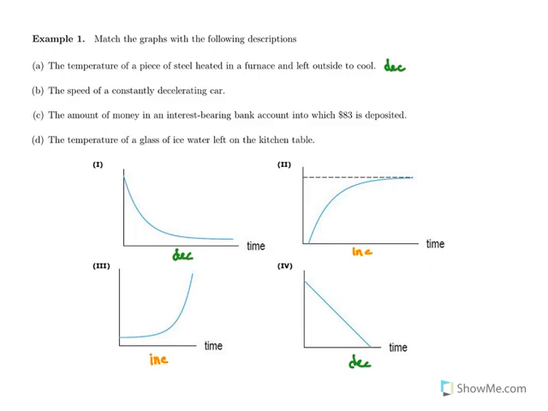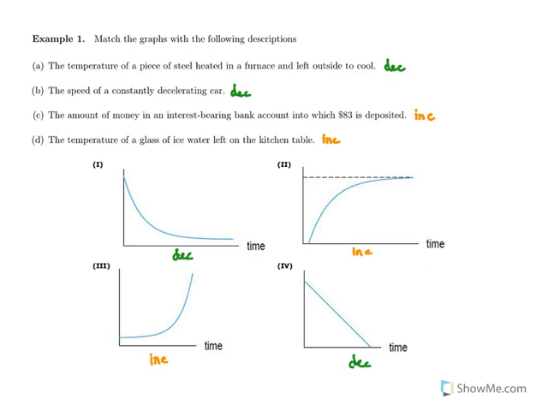And the speed of a decelerating car is also decreasing. If we put money in an interest-bearing bank account, the amount of money we have is going to be increasing. And the temperature of a glass of ice water left on the kitchen table will be increasing as it approaches the temperature of the room.